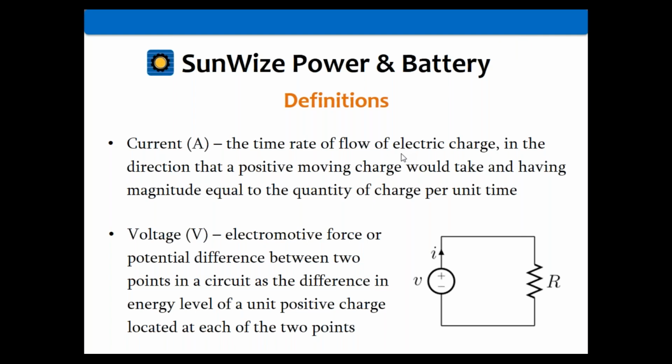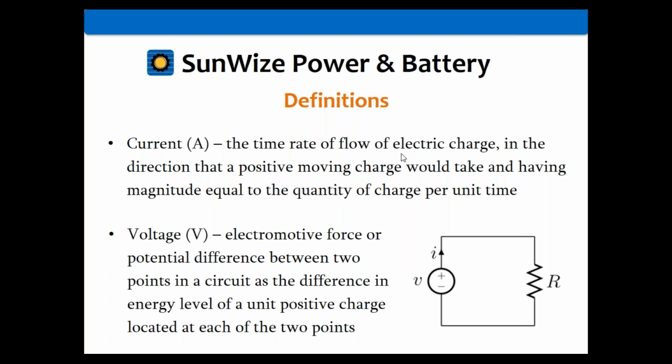Literally, that is a course, by the way, for electrical engineers, EE 101, and then second semester was EE 102. But anyway, so the definition for current, and again, the symbol for that is an A for amps, which I think we're all pretty familiar with, and is defined as the time rate of flow of electrical charge in the direction that a positive moving charge would take, and having magnitude equal to the quantity of charge per unit time. And again, it's kind of a big definition, but we'll break that down for you in just a minute.